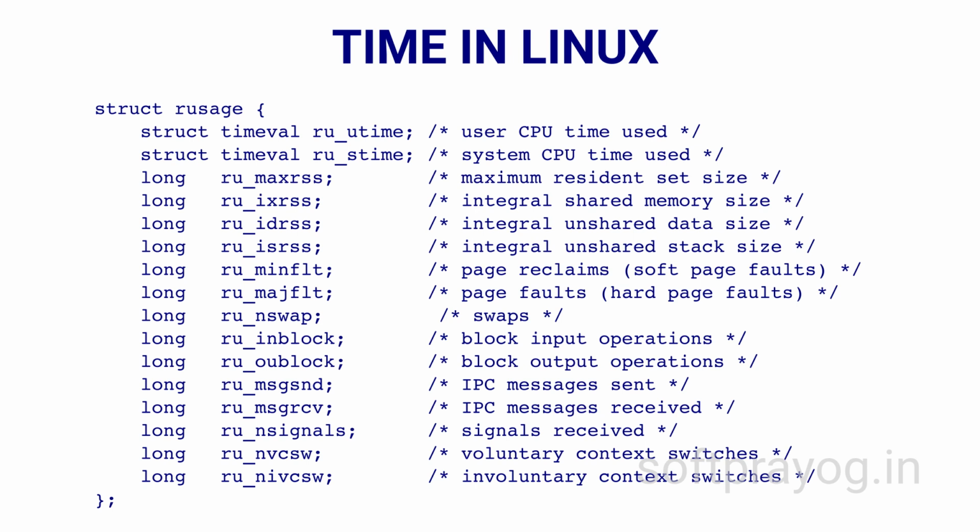Then we have long integers for maximum resident set size, integral shared memory size, integral unshared data size, integral unshared stack size, page reclaims, soft page faults, hard page faults, swaps, block input operations, block output operations, IPC messages sent, IPC messages received, signals received, voluntary context switches, and involuntary context switches.